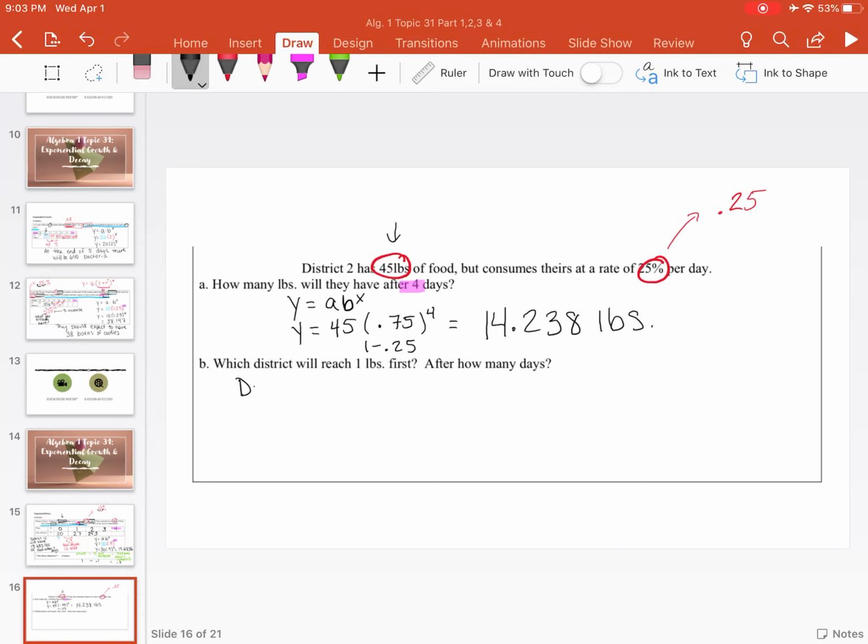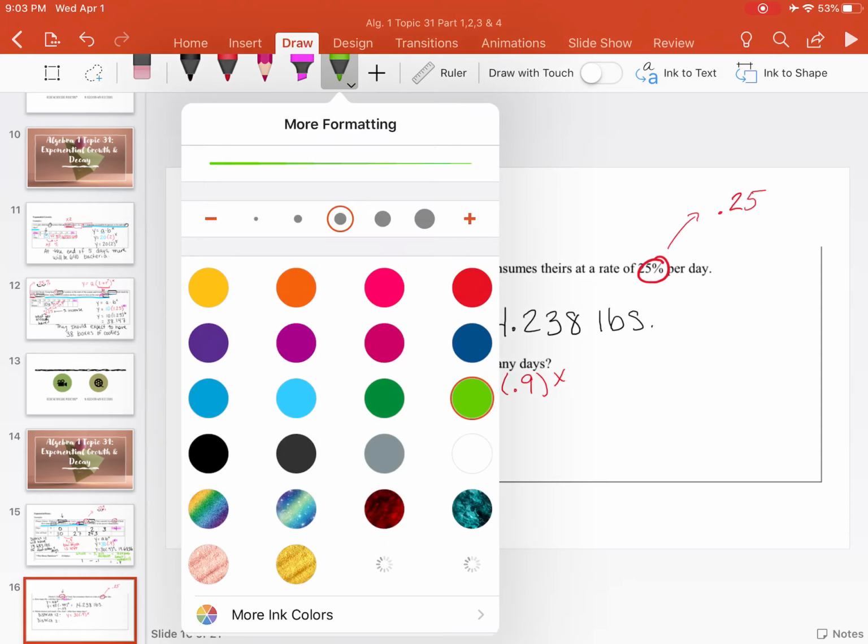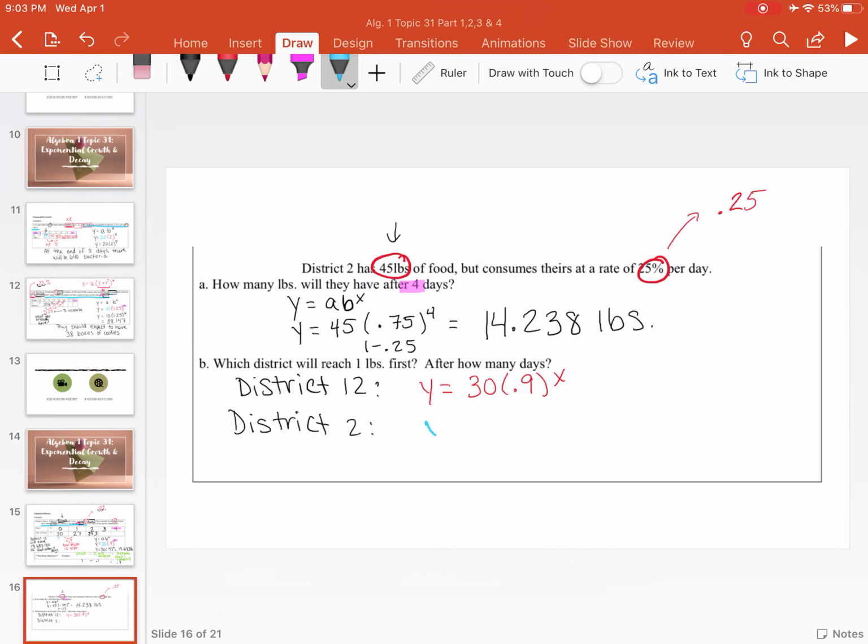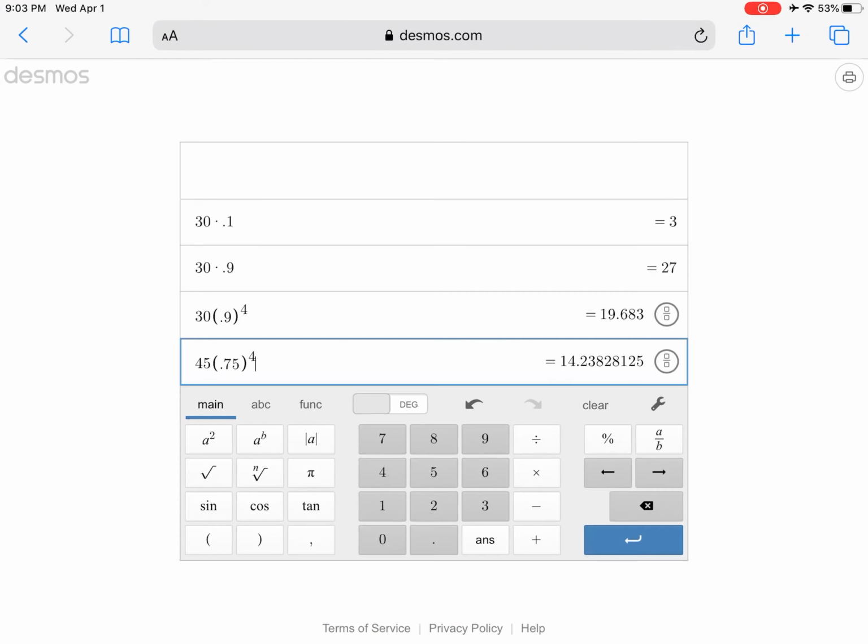So our first function for District 12, I'll do it in red, we had y equals 30 times 0.9 to the x power. Whereas for District 2, we had y equals 45 times 0.75 to the x power. So let's graph those first.